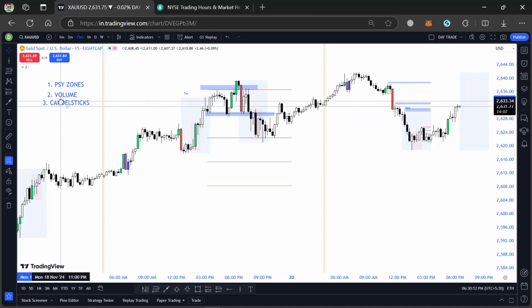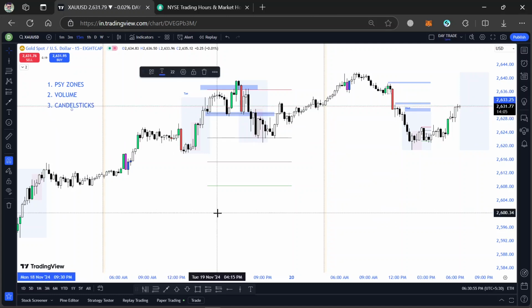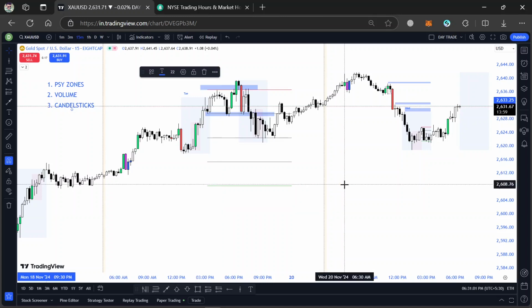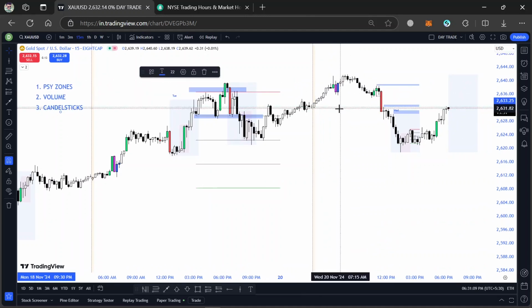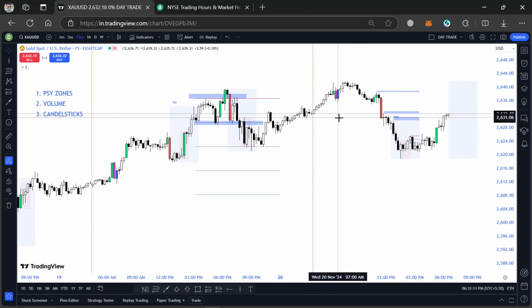A few of them are really important, which I mostly look at: the pin bar, the hammer, the shooting star, the Marubozu candle, and the engulfing candles. These are the few candles which are really important. You should be looking at that, and you can learn a few more.